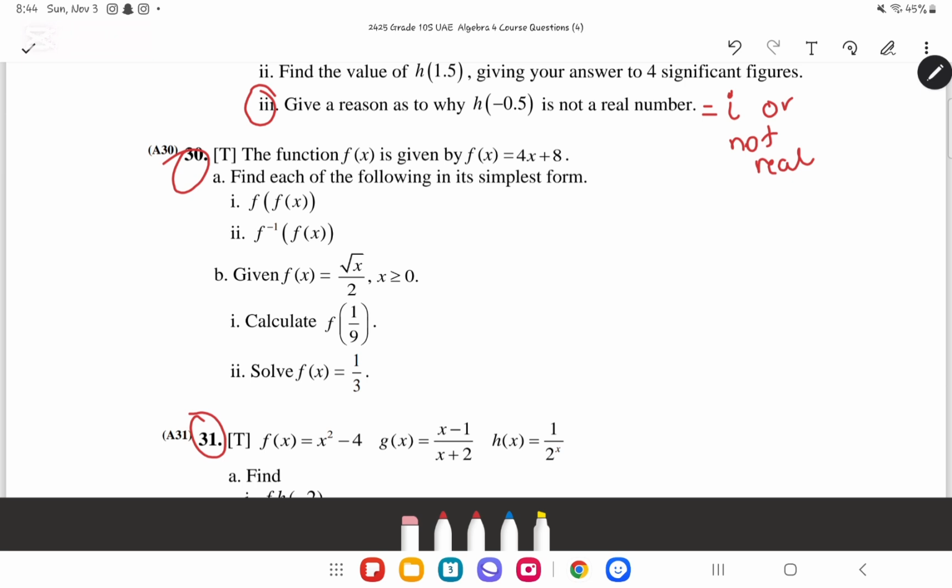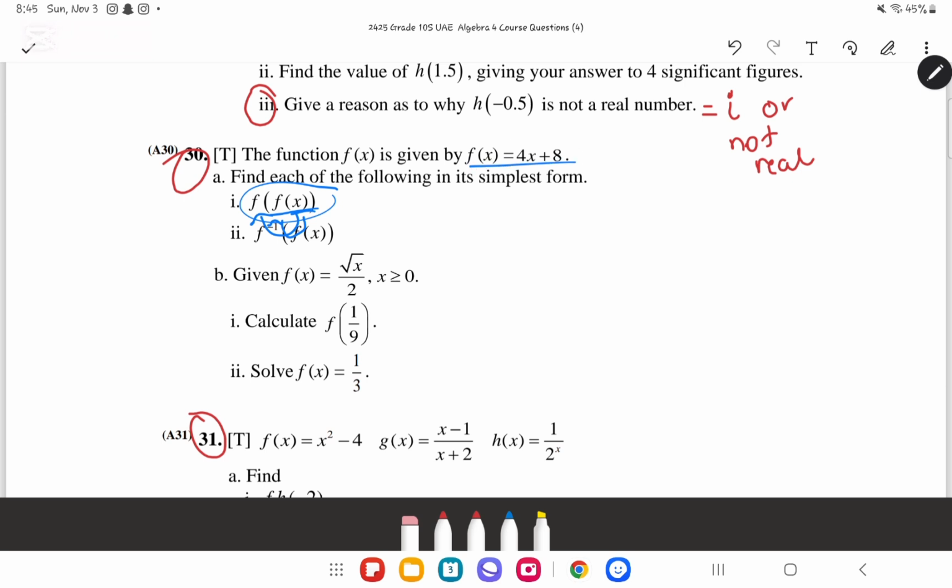Now we move on to question number 30, top question number 30. They told us the function f of x is given by f of x is equal to 4x plus 8. They want us to find each of the following. So very simply, f of f of x. That means you substitute f of x into f again. They already gave us f of x, so we get 4x plus 8.